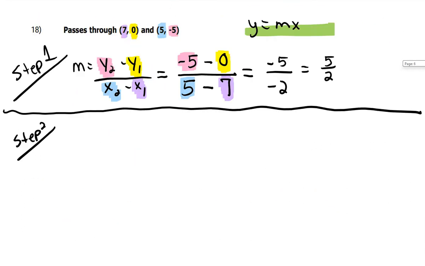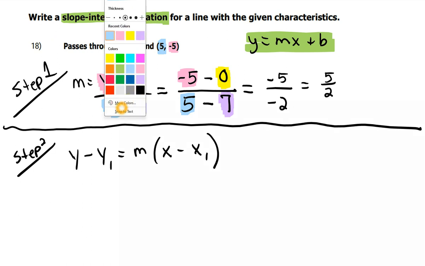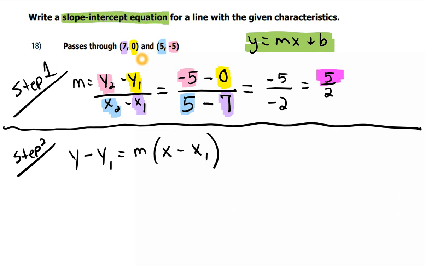Come on, computer. There we go. I'm going to go back to the y minus y sub 1 equals m times x minus x sub 1. And I know now that my slope, let's pick a, how about fuchsia? I know that my slope there is what's going to go there.